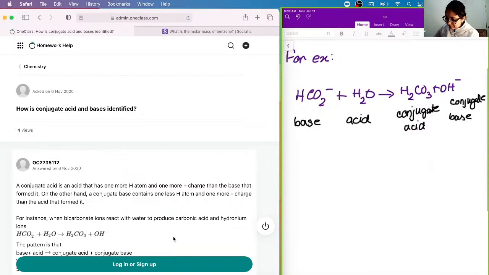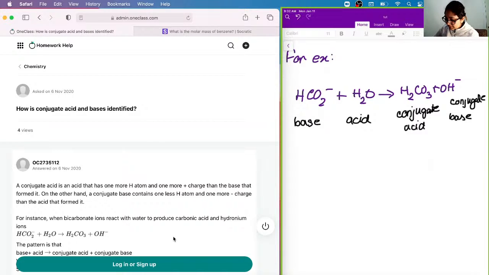We can see that our bicarbonate ion becomes carbonic acid, and it has one more hydrogen atom and one more plus charge. So it goes from a negative to neutral, so you just added one more charge to it. And so carbonic acid is the conjugate acid for our bicarbonate ion.